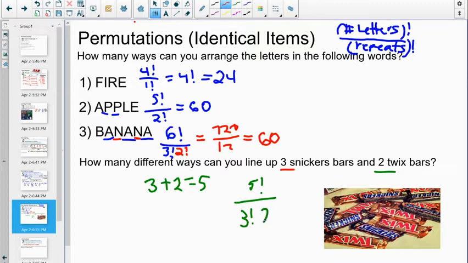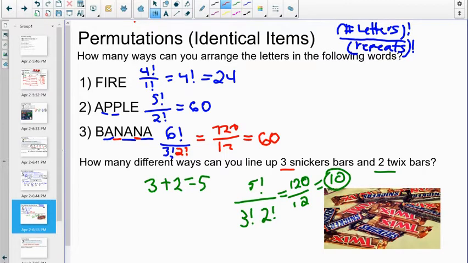We have 2 factorial. And that is going to equal 120 over 12, which is 10. So there's 10 different ways you can arrange those 3 Snickers and 2 Twix bars because they're identical.